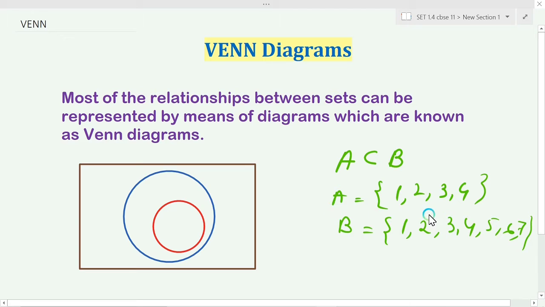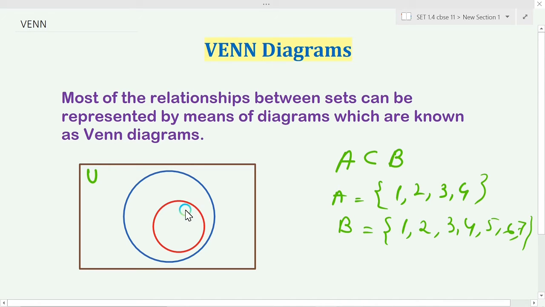So 1, 2, 3, 4 are elements of A and 1, 2, 3, 4, 5, 6, 7 are elements of B. We represent a set in a Venn diagram by a circle, and we represent the universal set by a rectangle. So the rectangle represents the universal set.